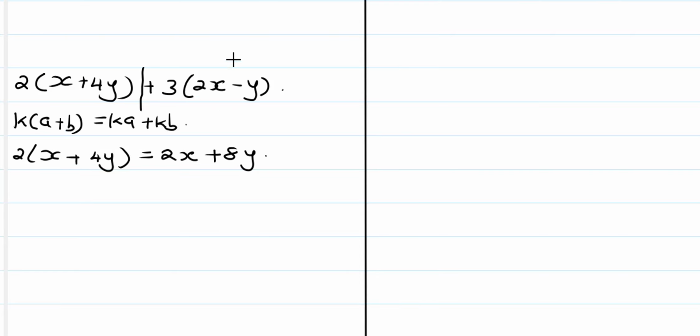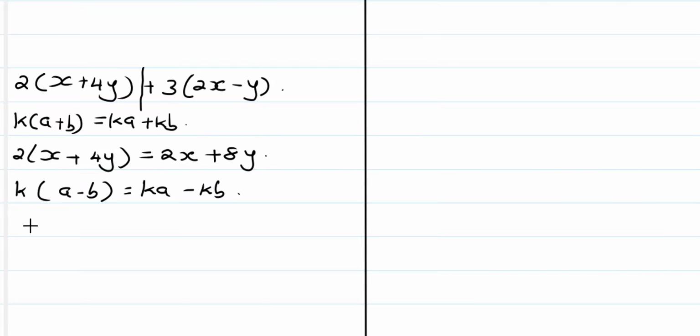At the second part, you see here we have negative. So we can apply the concept where we said we have k into a minus b, which becomes ka minus kb, like that.